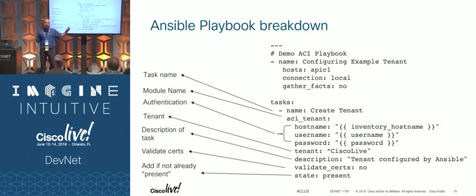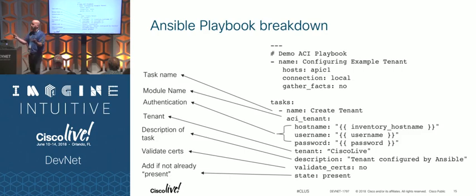So if I want to query my APIC to see if there's a tenant Cisco Live out there, I can query my APIC to see all tenants or all contracts or all EPGs on those target systems. So just some interesting things you can do with state with Ansible.